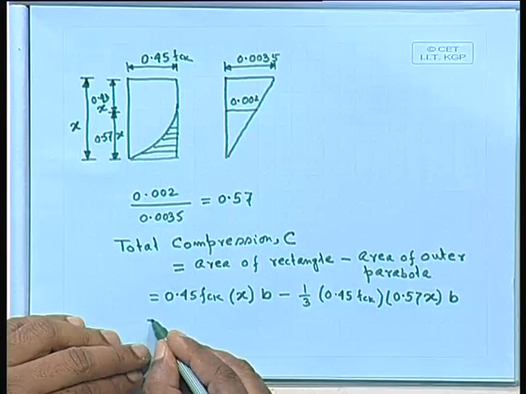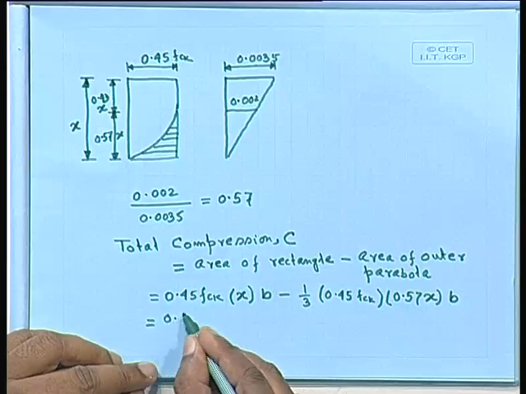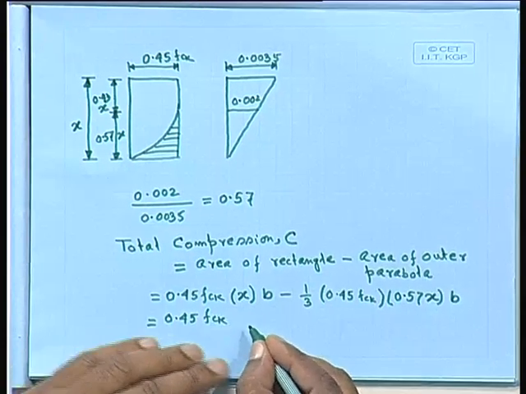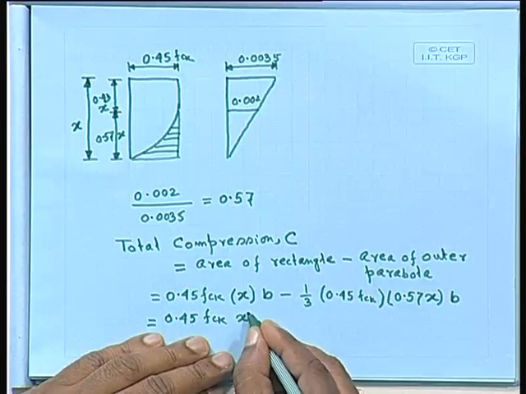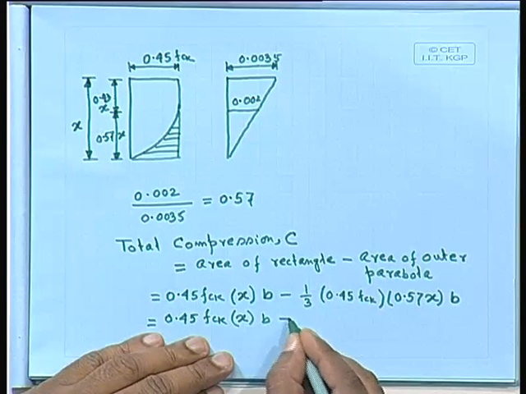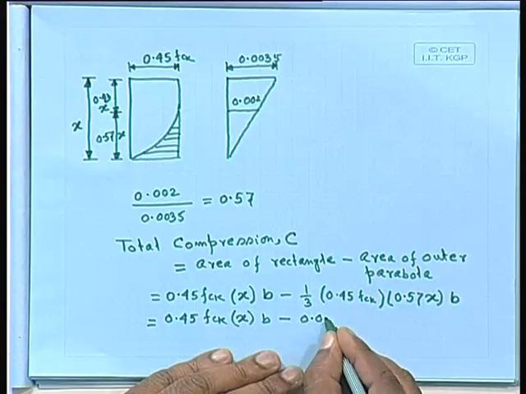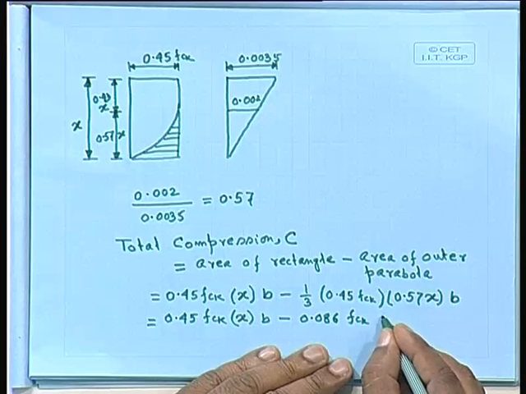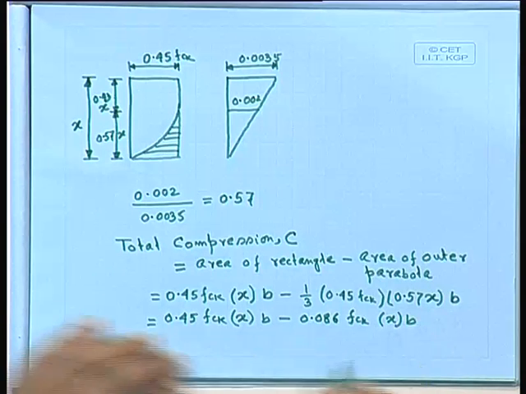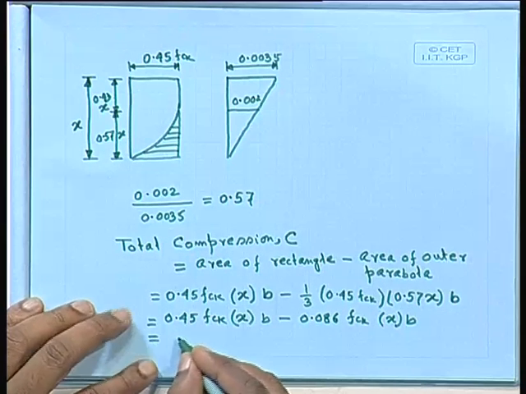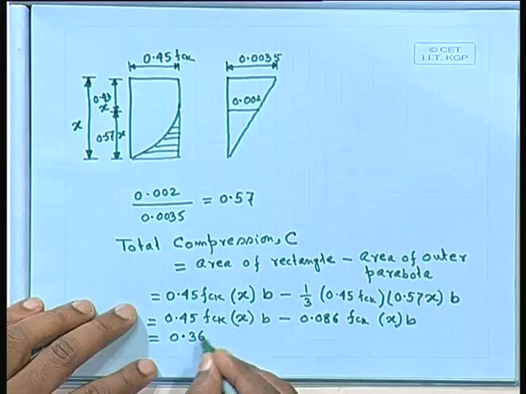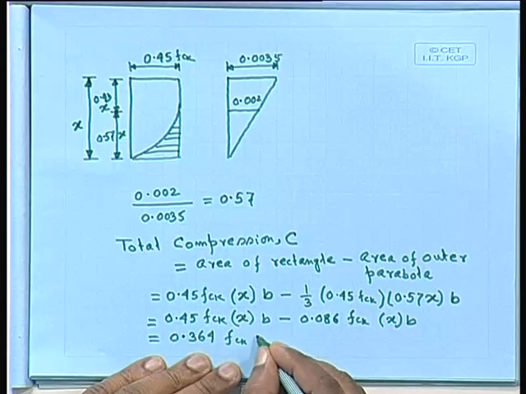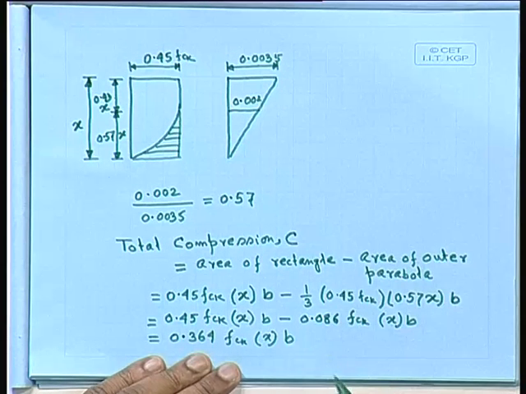So this equals 0.45 fck x b minus 0.086 fck x b, which equals 0.364 fck x b.